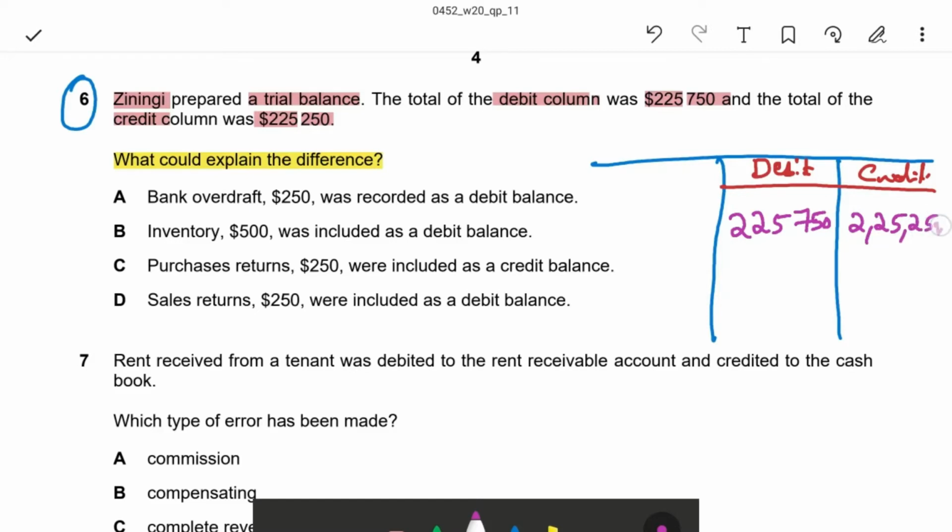The difference is 500. So what could explain this difference?